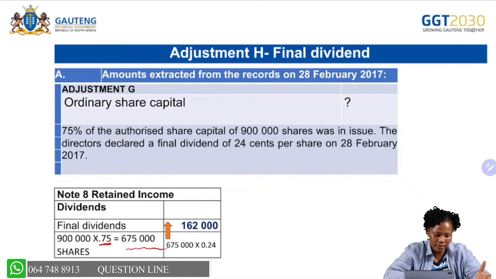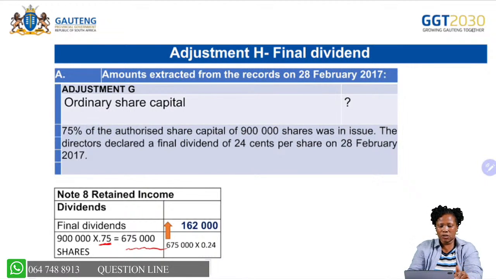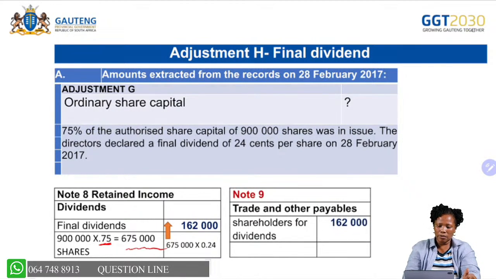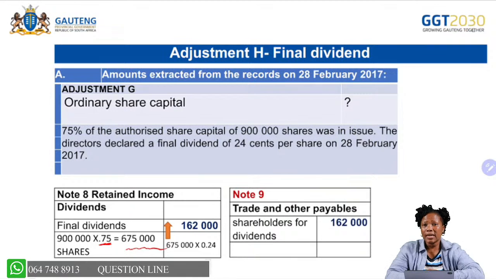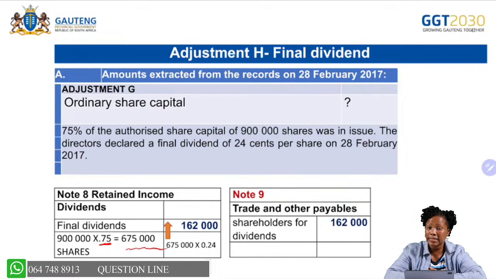under dividends. Remember, there are two classes of dividends, your interim dividends as well as your final dividends that are still owing. They have not yet been paid, but we have paid the interim. Right. Let's look at how this is going to be presented in our note number 9.